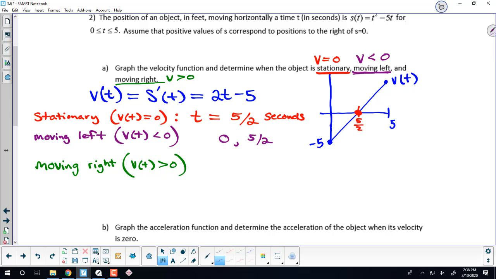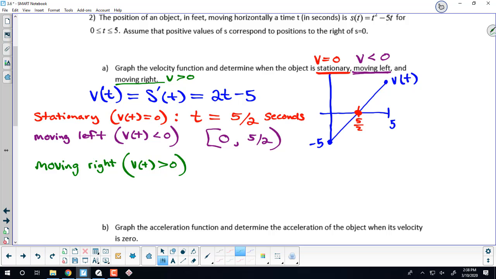So do we include the time at 0? Yeah, velocity is definitely negative at 0 here. What about at 5/2? No, we would exclude that because it's stationary, right? It's neither positive nor negative at 5/2.